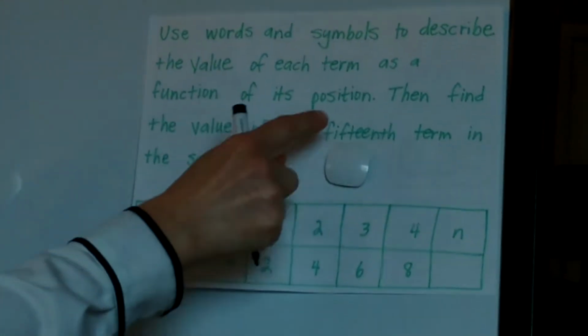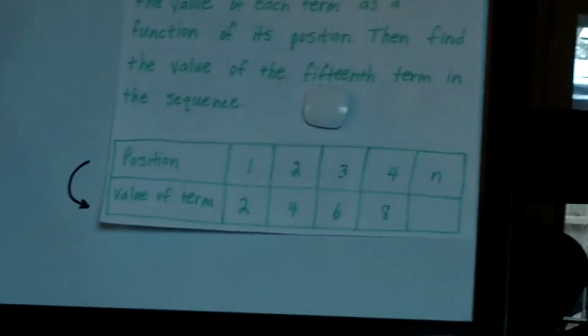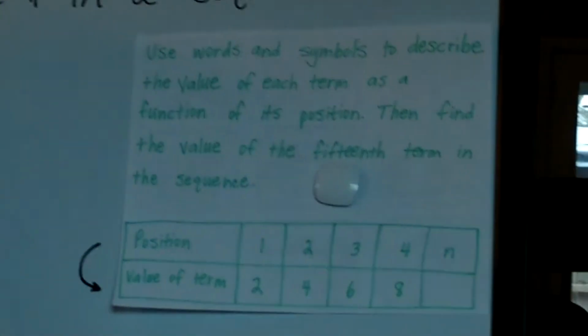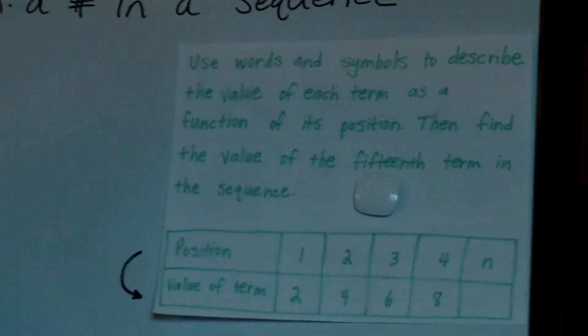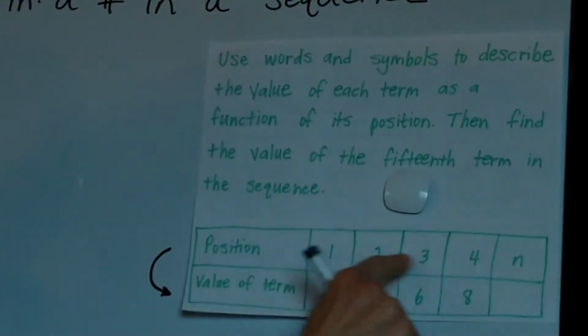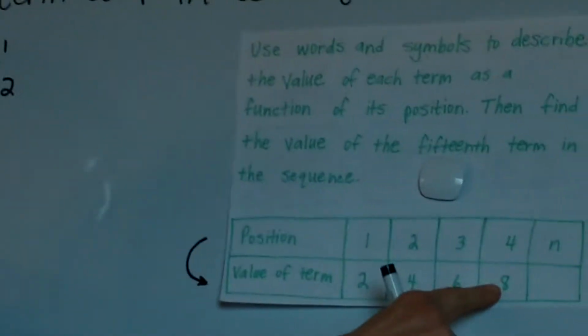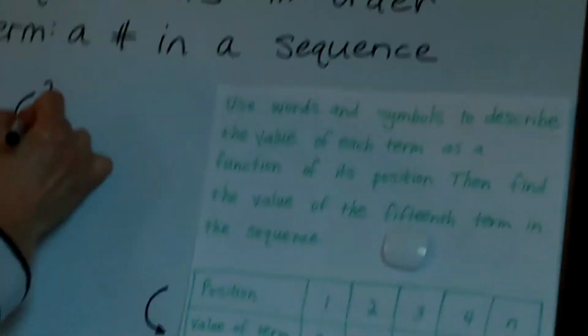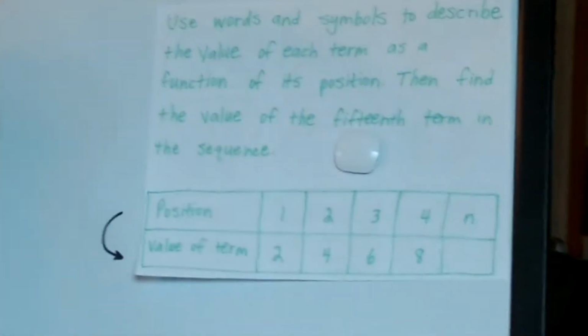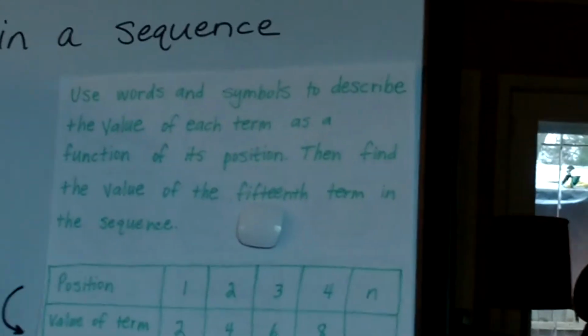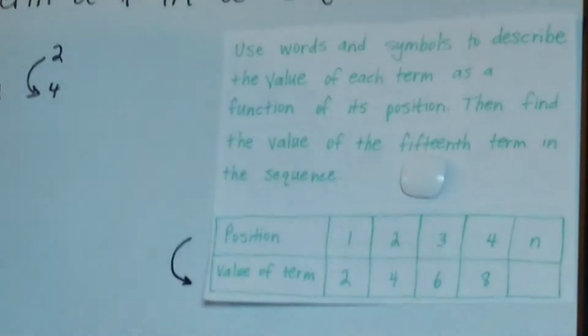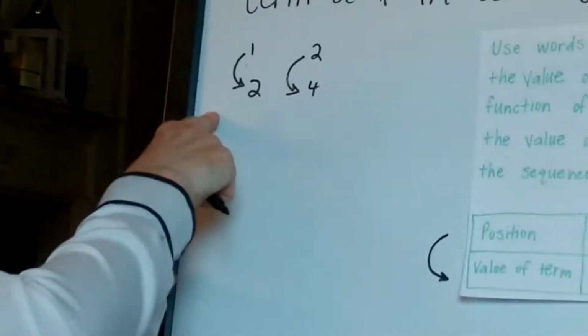Well, to get from 1 to 2, I know that we could add 1. But that rule has to work for every position and every value of the term. So to get from 2 to 4, does adding 1 work? No, it doesn't. So we know that adding 1 is not how we get from the top row to the bottom row.